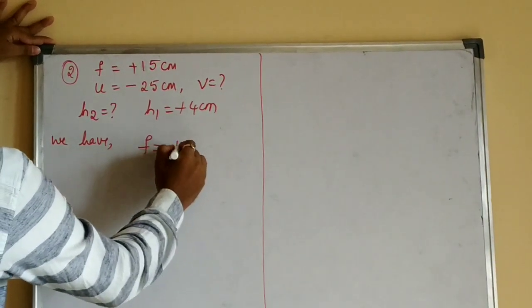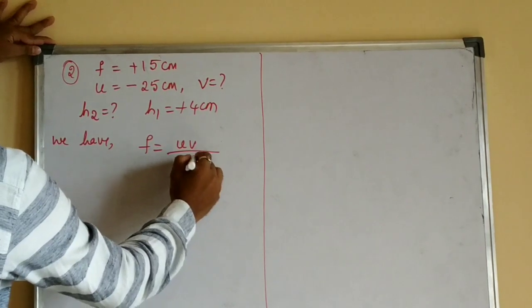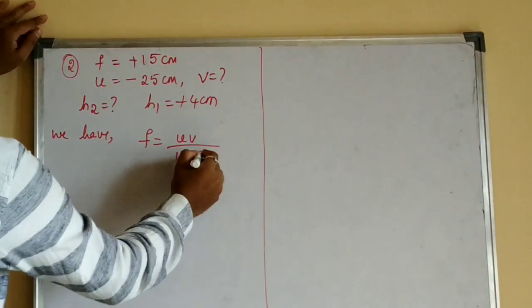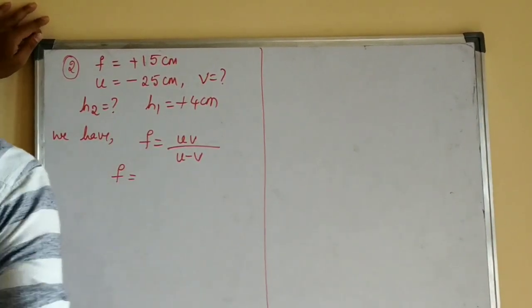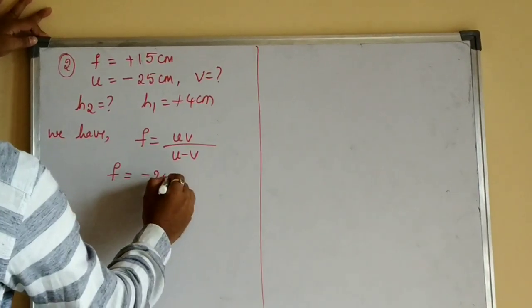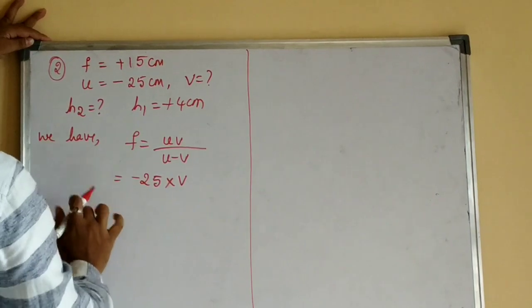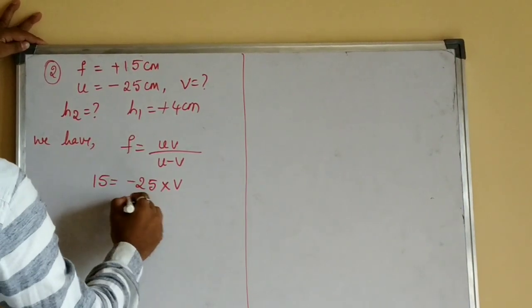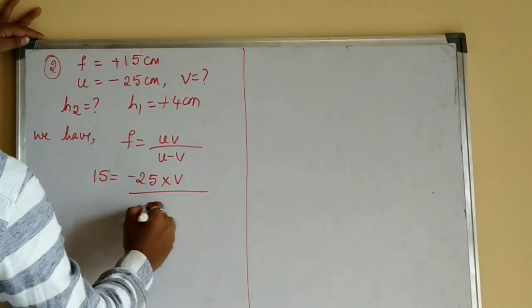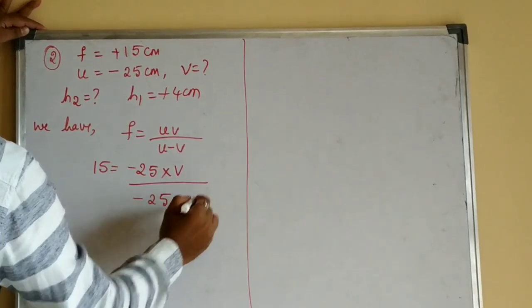F is equal to product by difference, UV by U minus V. U is minus 25, we don't know V, and F is 15, divided by U minus V, that is minus 25 minus V.